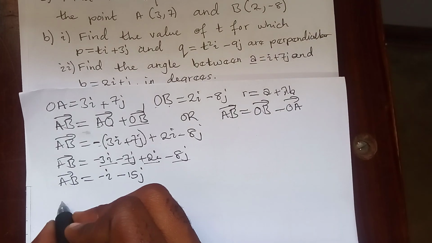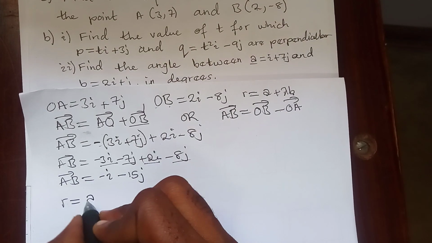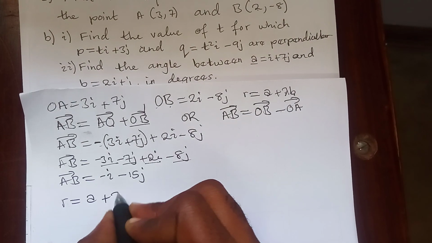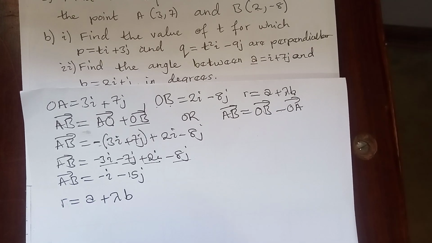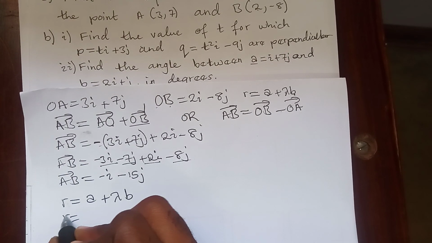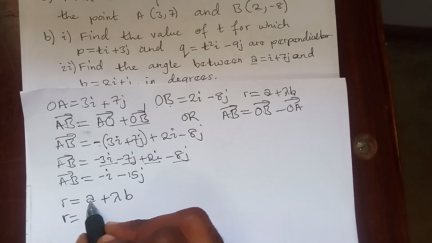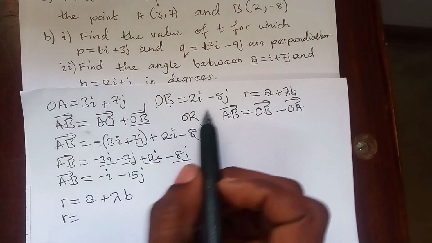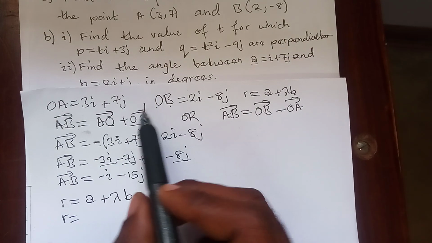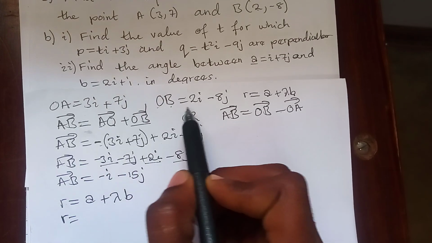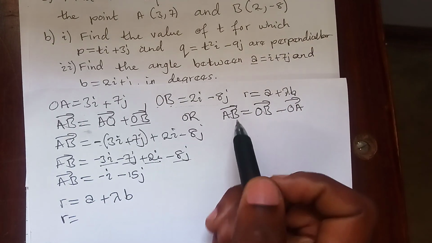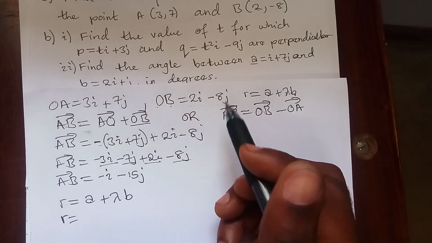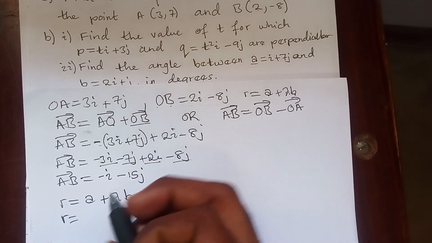So then your equation will be r = a + λb. So you can say r is, your a is any point on the line. So you can either use OA or OB or any other point that has been provided. For me, I'll go with the first one.